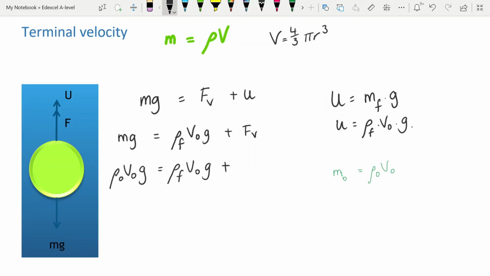And in here we will put in our Stokes' law equation, which is 6 pi eta rv. One more final substitution. We can replace all these volumes with the same expression, 4/3 pi r cubed. And because both of these are the volume of the object, the radii are going to be the same. So we end up with 4/3 pi r cubed.